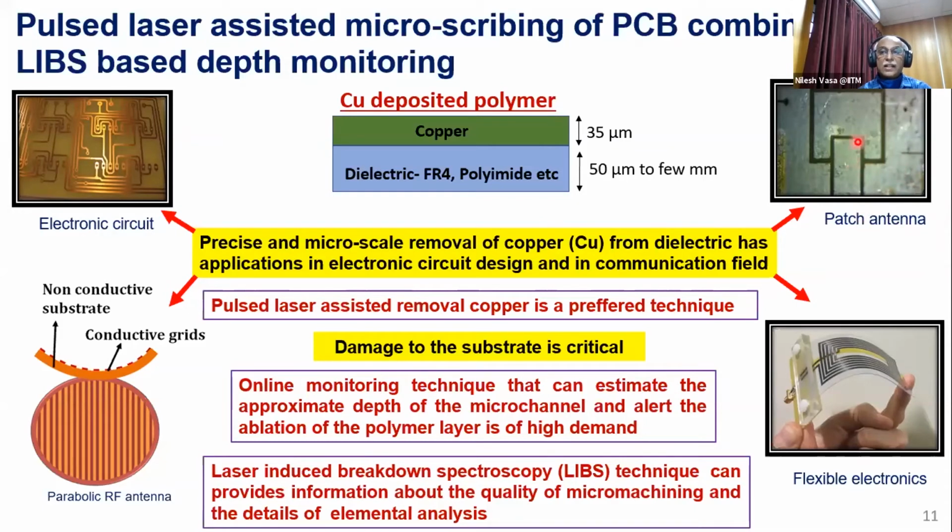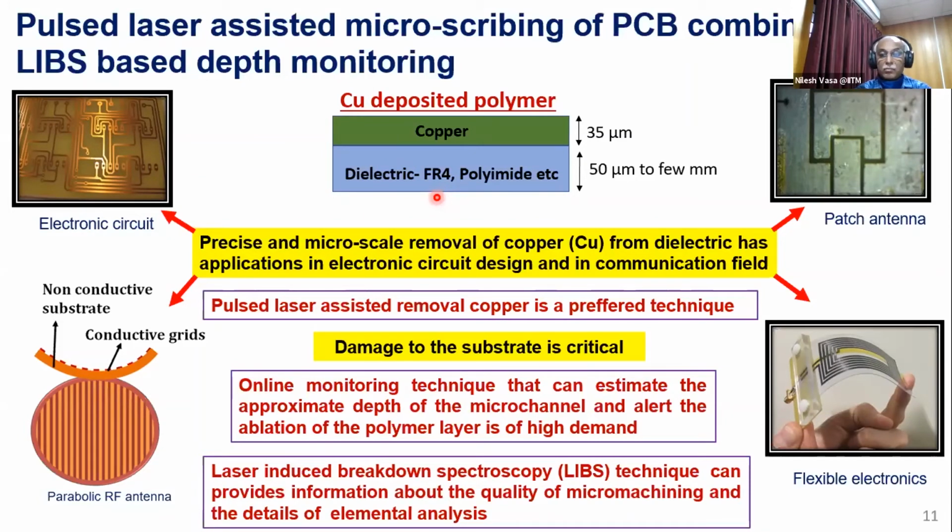Those antennas are made from copper deposited on some composite materials, and we wanted to see whether we can use the LIBS technique to measure the depth that we are reaching while we are scribing these copper films deposited on composite materials such as polyamide or some other fiber reinforced material.